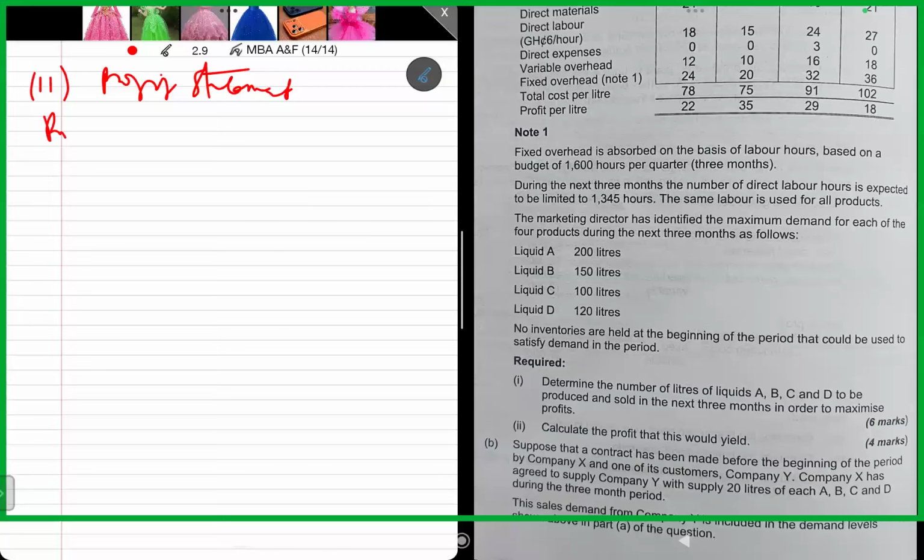So the products in the order, what were they? Product B, product A, and product what? C. Is that correct? Yes. Good.